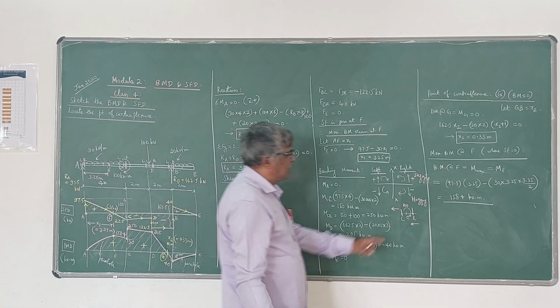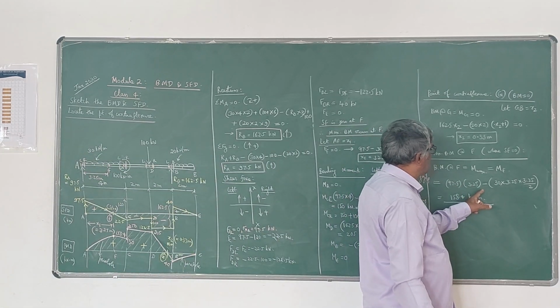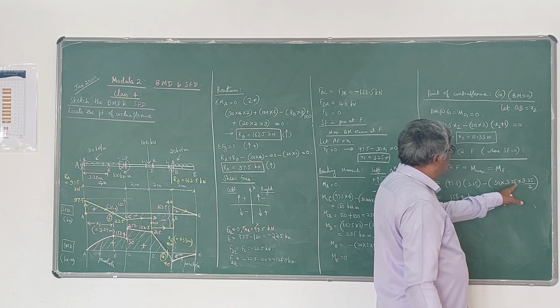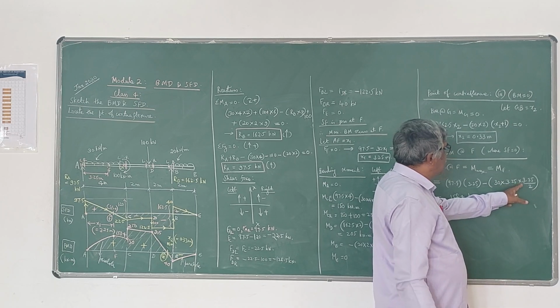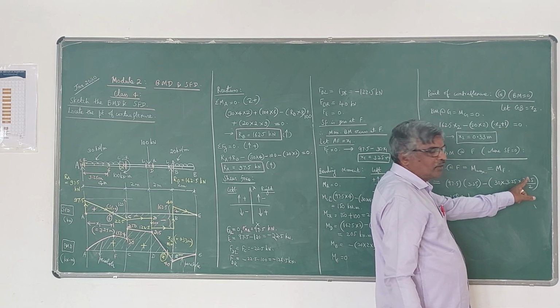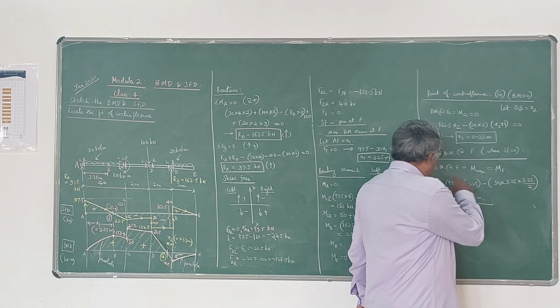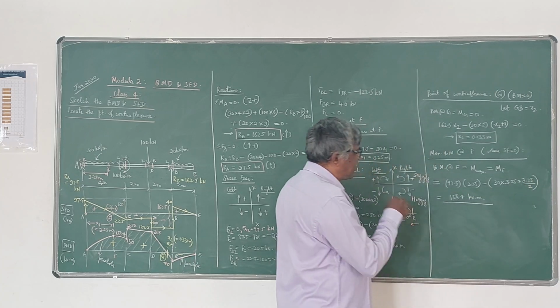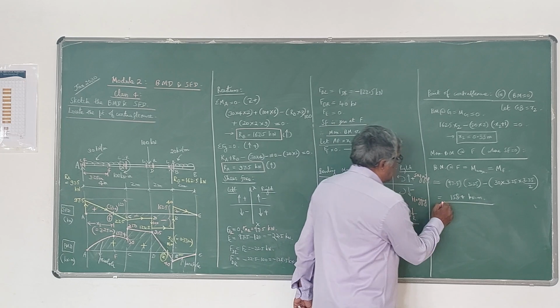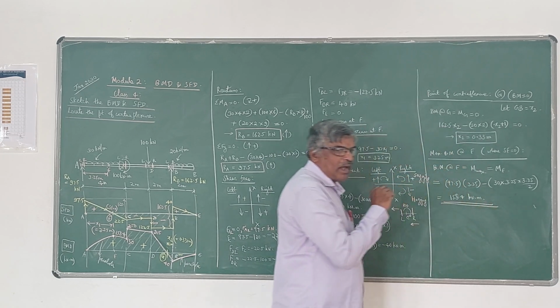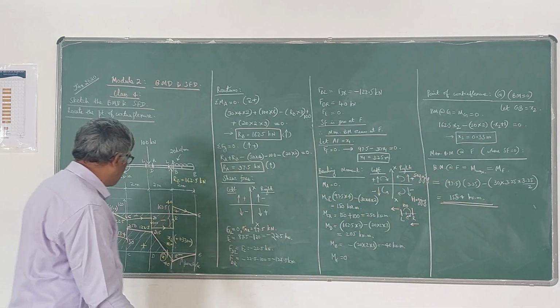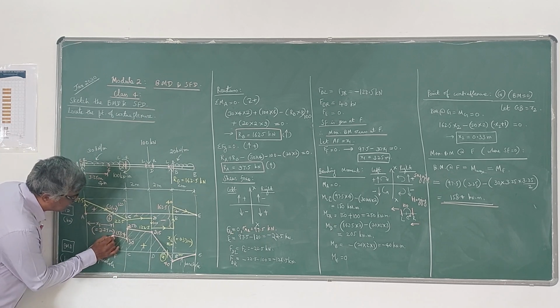See, I have written here: 97.5 into 3.25 minus 30 into 3.25. This is the load, multiplied by the distance to the midpoint, so 3.25 by 2. So if you simplify that, 158.4 kilonewton meter, we are going to get. That is the maximum bending moment, positive bending moment, which we have to show here.